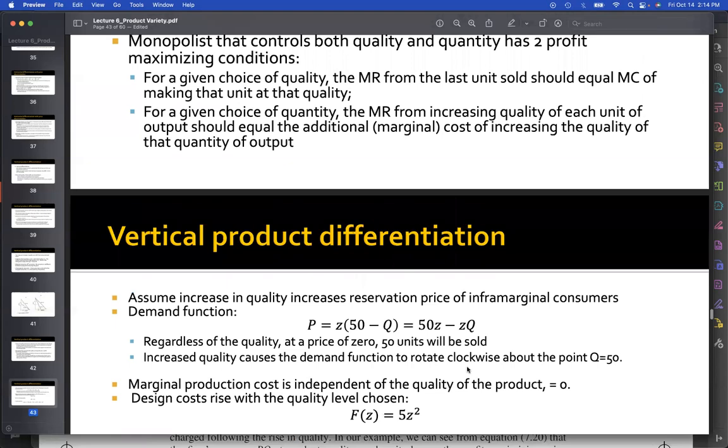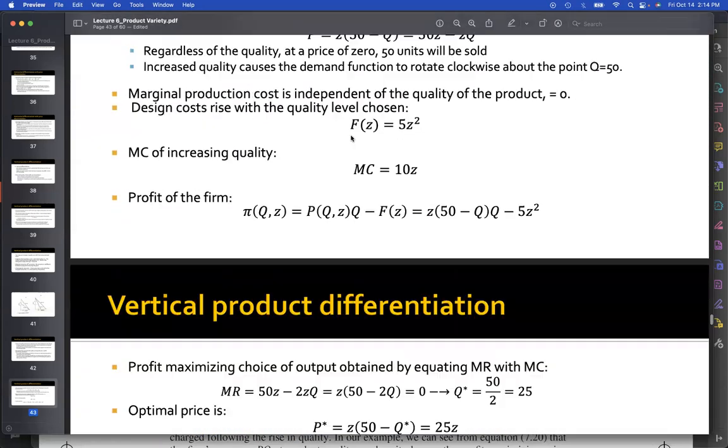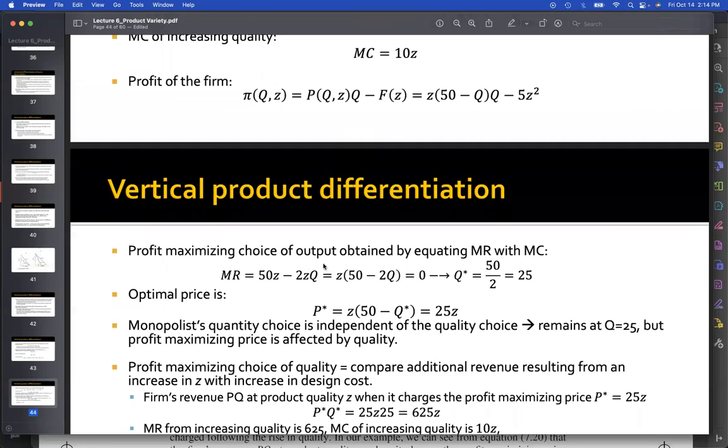Okay, and as we see here, there are two conditions that you have to meet. So first, you get the choice: given Z, what is the maximum Q? So you take the derivative with respect to Q, and that gives you a Q star of 25.